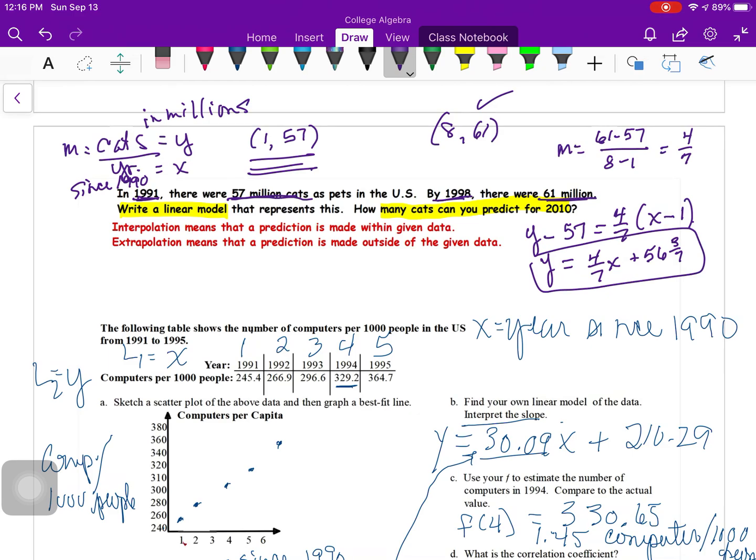How many cats were in 2010? Well, 2010 minus 1990 is 20 years. So f of 20. So when I put 20 in there, I get 4/7 times 20 plus 56 and 3/7.